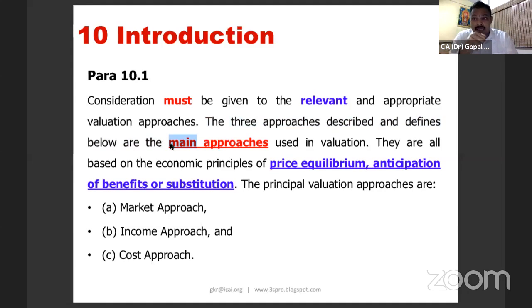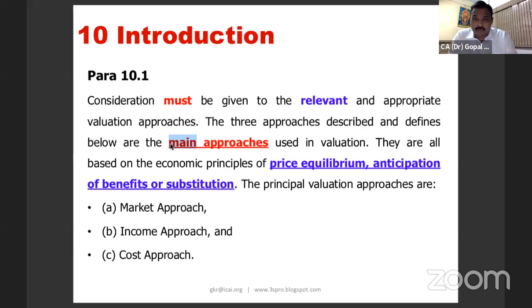In Income Tax Act, in FEMA, Foreign Exchange Management Act, they use a concept. For example, in Income Tax Act, rule number 11 UA you can take. There, they use a word called the asset approach, the net asset approach. Of course, it is a mix of both the market approach and the cost approach.